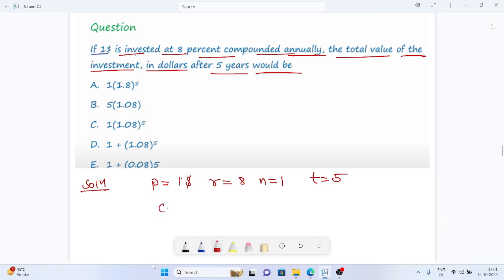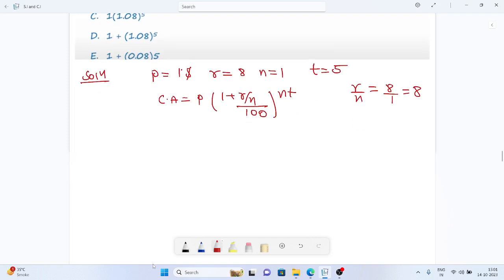So when we put in the formula for compound interest, we also have to calculate the effective rate of interest. What is the effective rate of interest? It is also 8 because it is annually. So here the principal is given as 1, here 8 by 100, the value of n is 1 and t is 5.